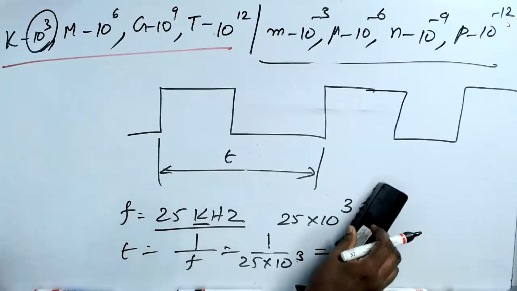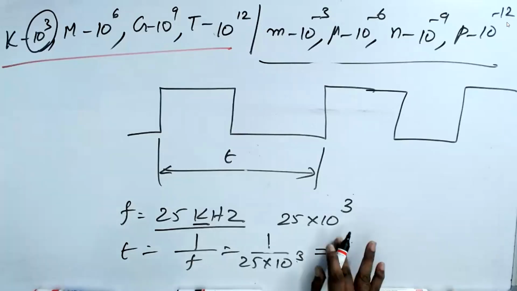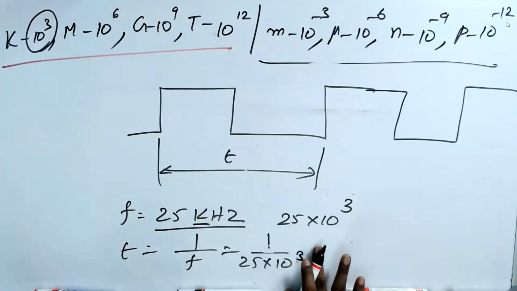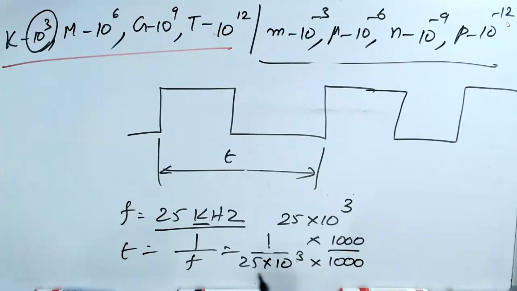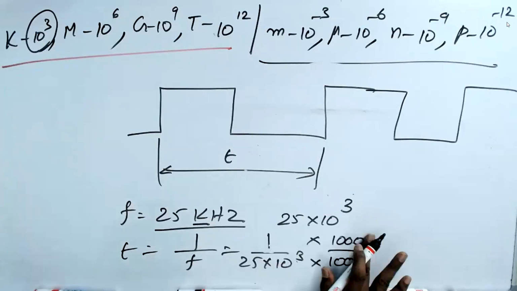Now we multiply the top and bottom by 1000. Same thing, it means 1. 1000 I can change as 10 power 3.